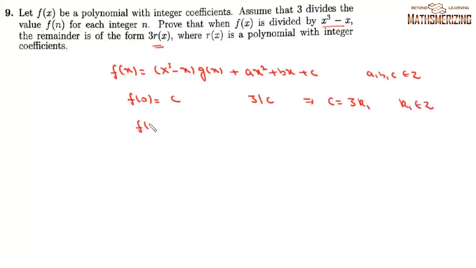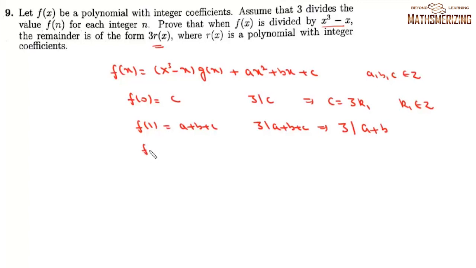Now if we look at f(1), it is a plus b plus c, and again 3 divides a plus b plus c. Now 3 also divides c. From here we can say 3 divides a plus b.